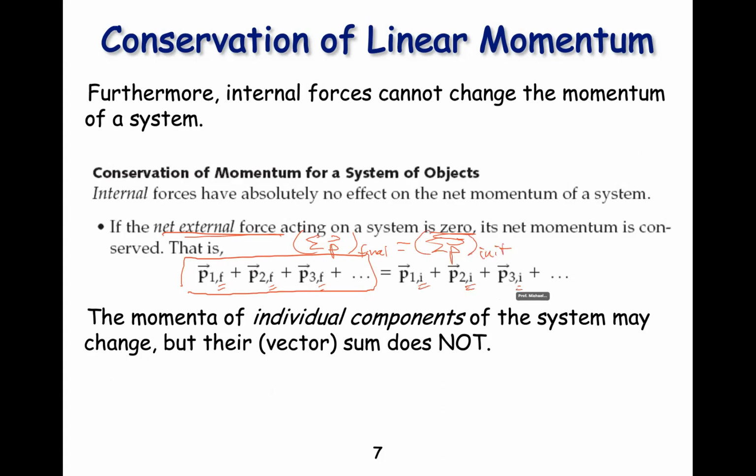Notice that that's what the little i is for, initial. Okay, so that is conservation of momentum when we can make that assumption that the sum of all the external forces is zero or essentially zero.